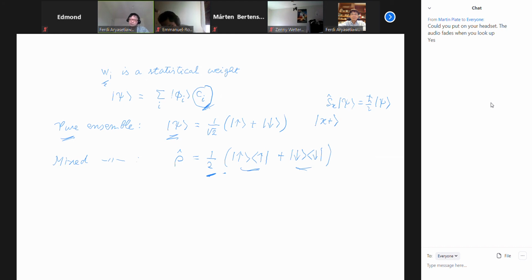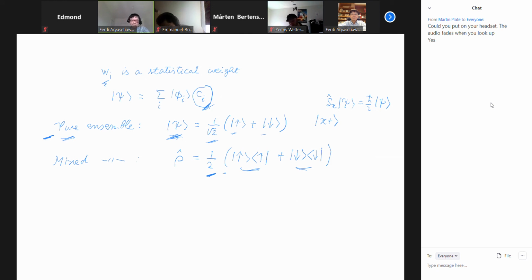So if we make measurements along the z direction, then actually we will get the same results, because we consider this pure ensemble. If we make measurements along the z direction, then half of the time we will get spin up, and half of the time we get spin down, because we have equal coefficients for the state for the pure ensemble.